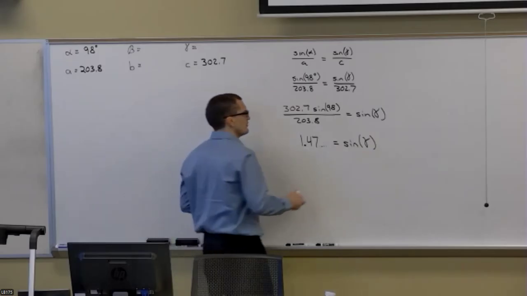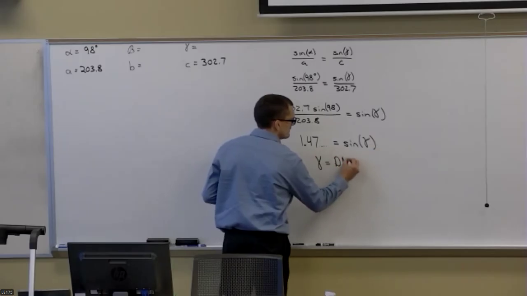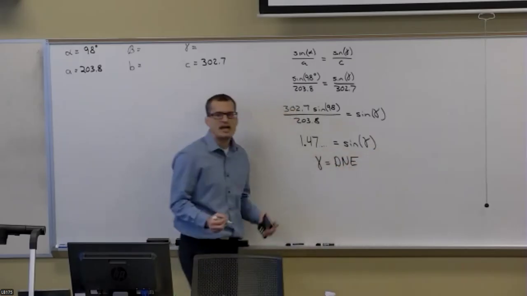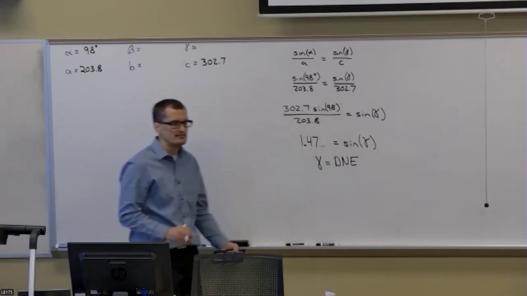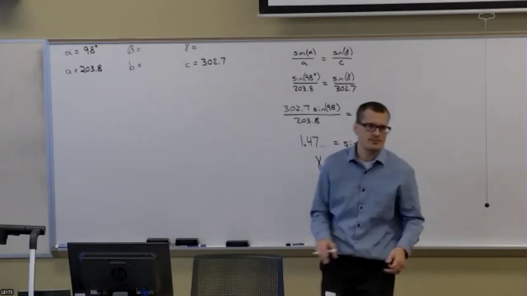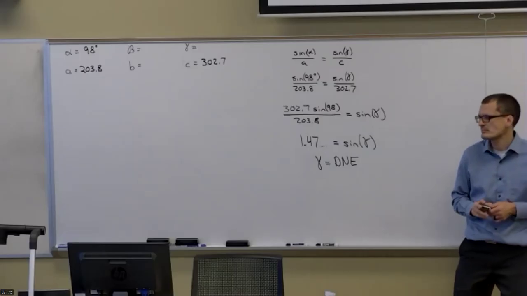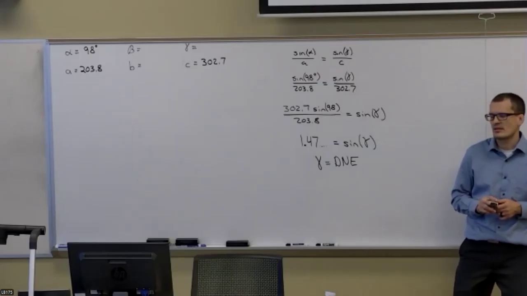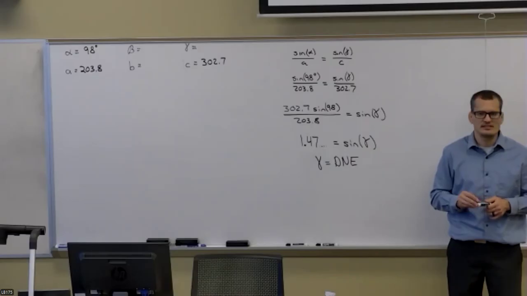So numerically, we know that gamma does not exist, and therefore there's no triangle that exists in this case with those given lengths and measurements. That's the numerical approach: you solve it, you see gamma does not exist.